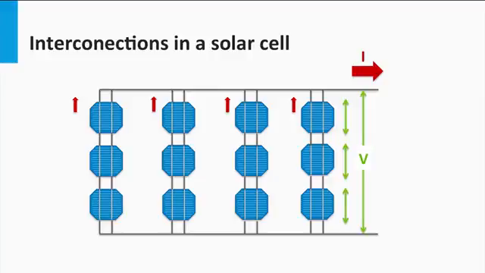We know that cells are connected together using interconnects. Although a very small amount, resistive losses occur in these interconnects. Also, there might be a small mismatch in the cells that are interconnected. For instance, of the M times N cells interconnected, the cell with the lowest current in the M cells in series dictates the module current.